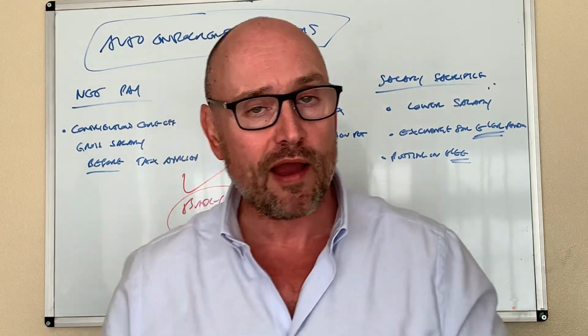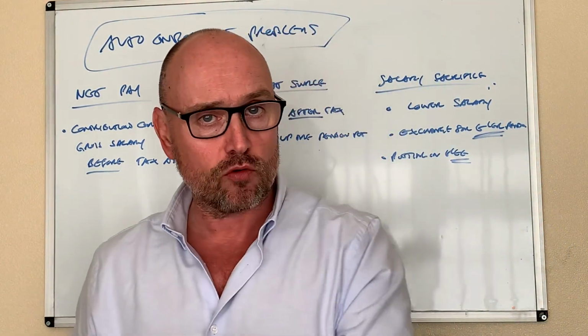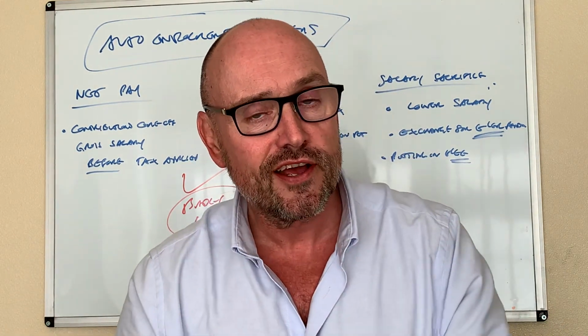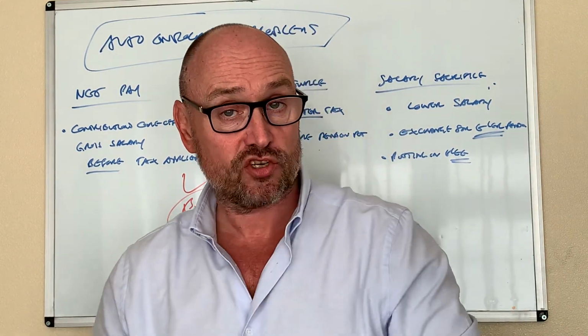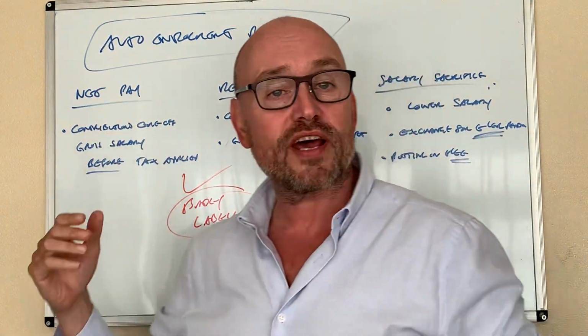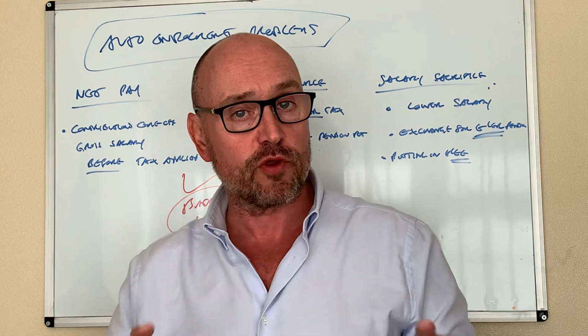What am I talking about? Well, let's have a look. So, different ways to deduct pensions in terms of how the tax relief works. So the first one is called a net pay arrangement, net pay.